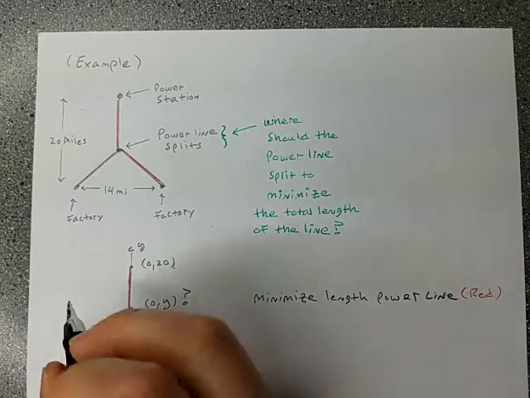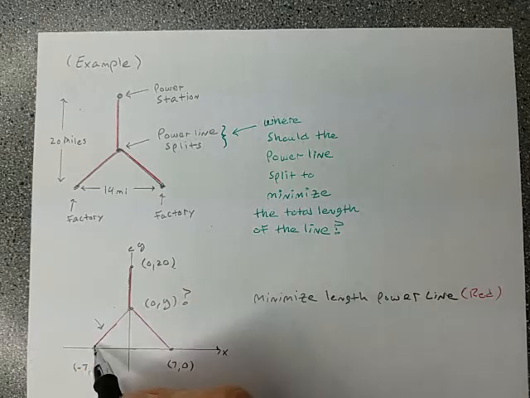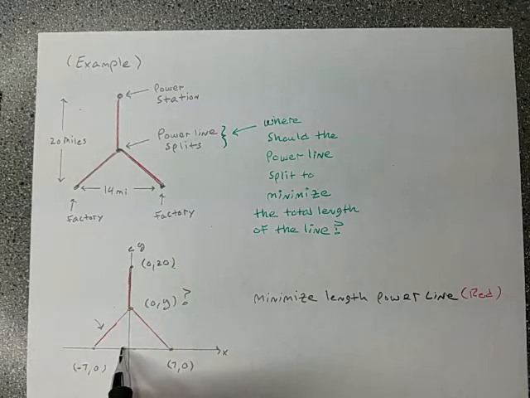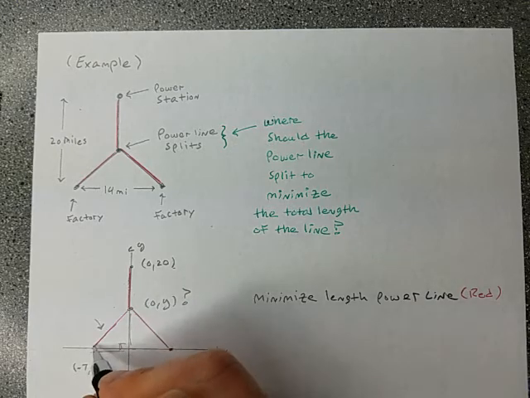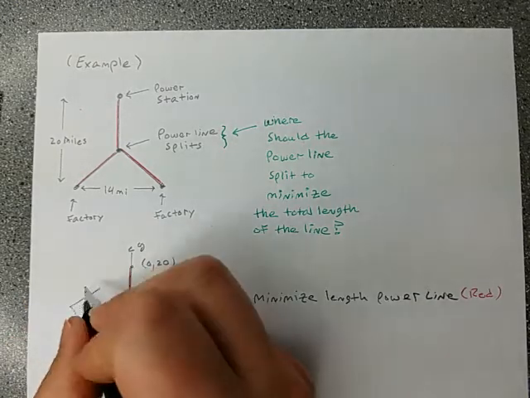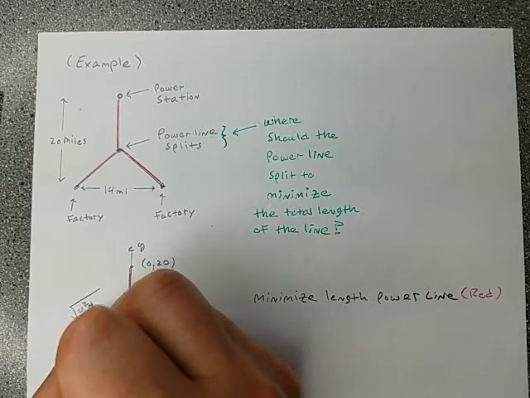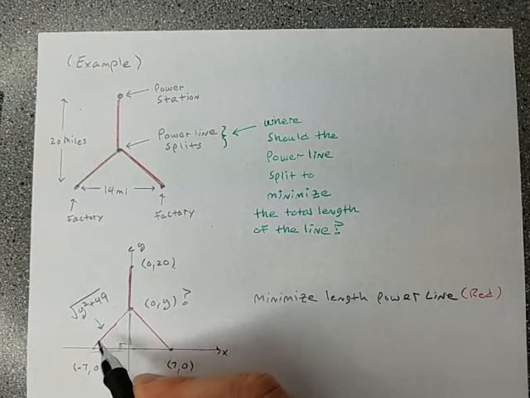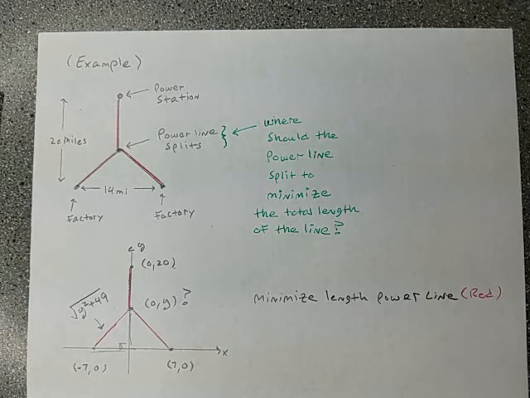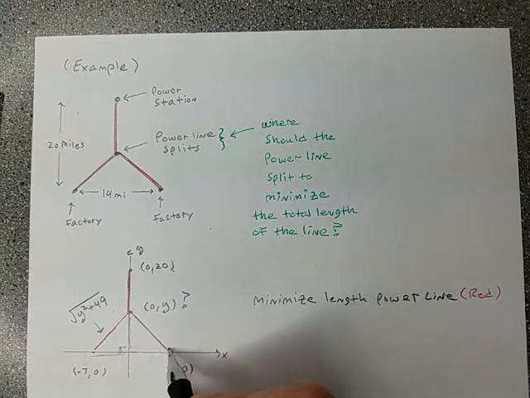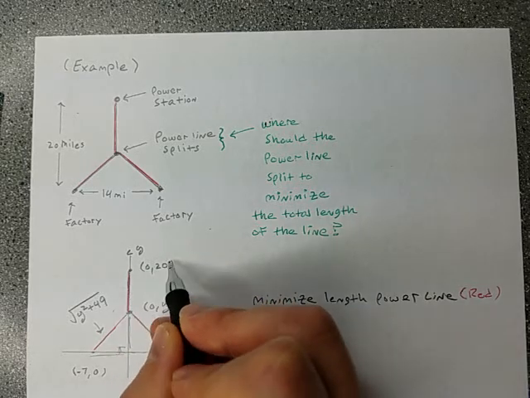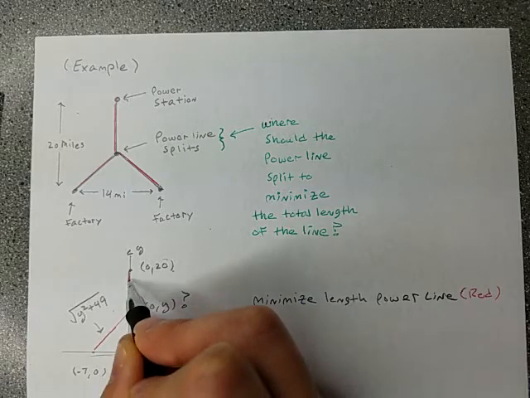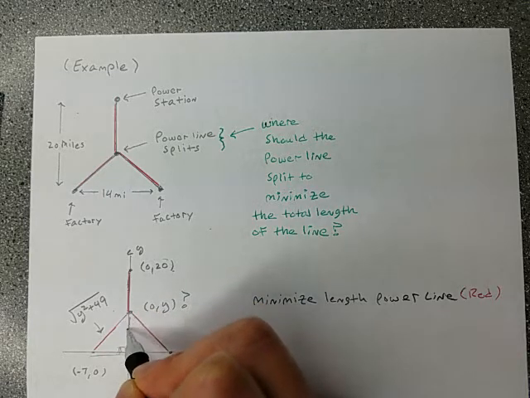So, let's take this one. How much line is there right there? Well, there's a triangle, and that distance is 7 miles, and this distance is y miles. So this length of line right there is the square root of y squared plus 49, being that the length is the hypotenuse of a right triangle. Now, we also have that same amount of line over here, okay? And what about this line right there? How much line is there? Well, this point's 20 units this way, and this point's y units this way.